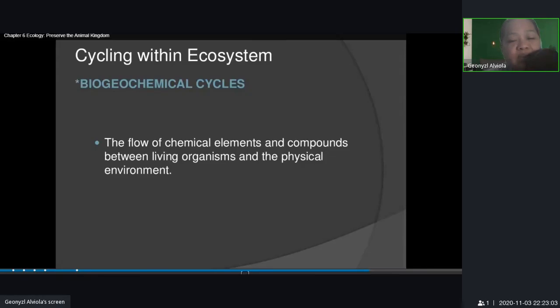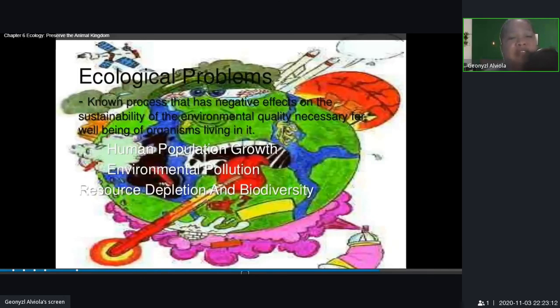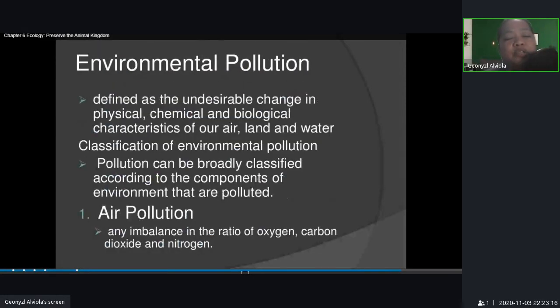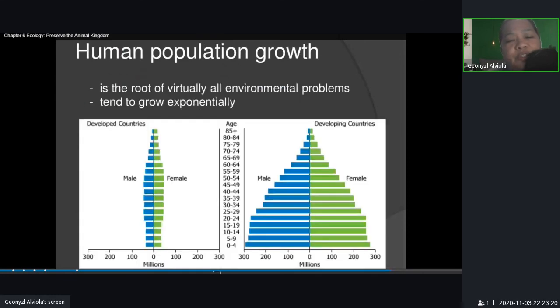into a simpler form. They are like the ones who return the chemicals that we have taken in. So what will happen if we don't have decomposers?